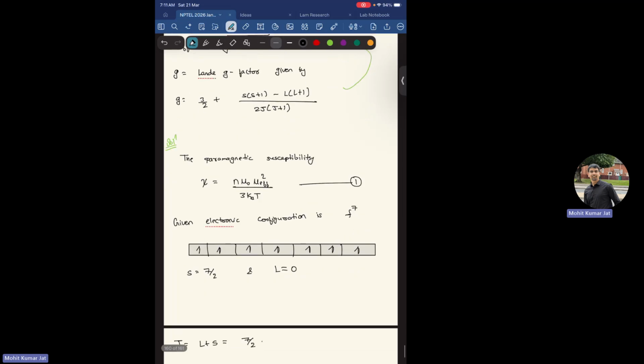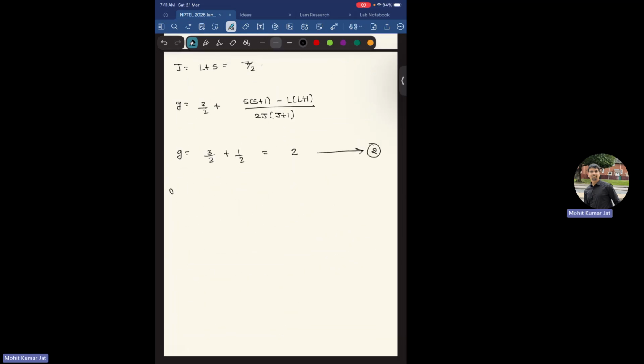Now let's just calculate the mu effective: g mu B under root J(J plus 1). g is 2, mu B is the Bohr magneton, square root of 7 by 2 into 7 by 2 plus 1, which will be 9 by 2.